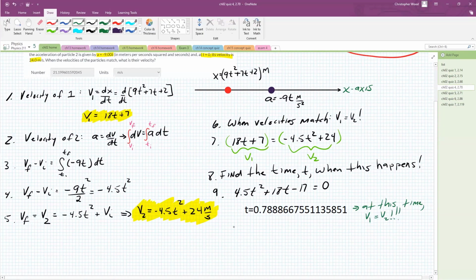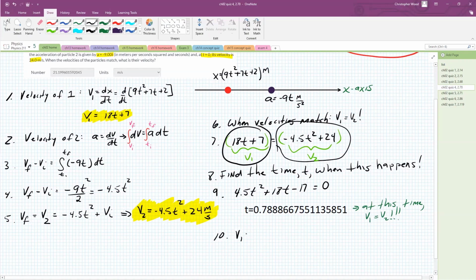Okay. So what is V1? Here's the expression for V1. Should I use V1 or should I use V2? The answer is it doesn't matter because they're both going to be equal to each other at this particular time. So I'll just use V1 since it looks simpler.